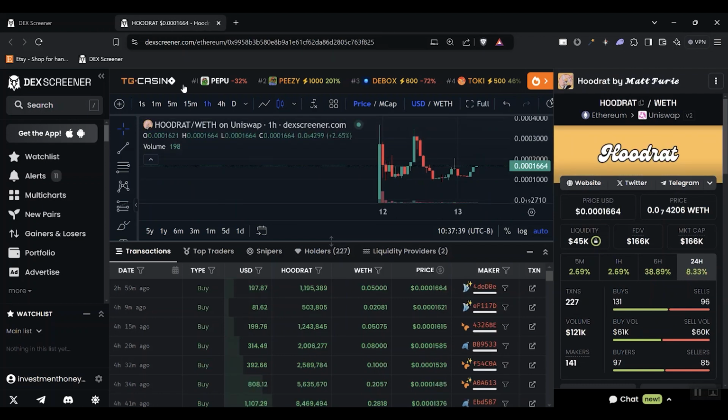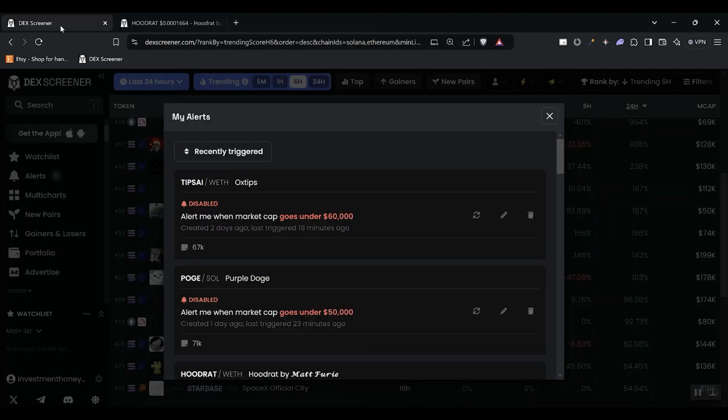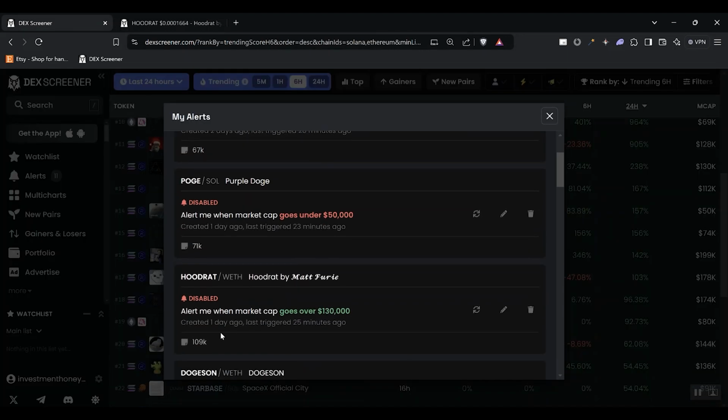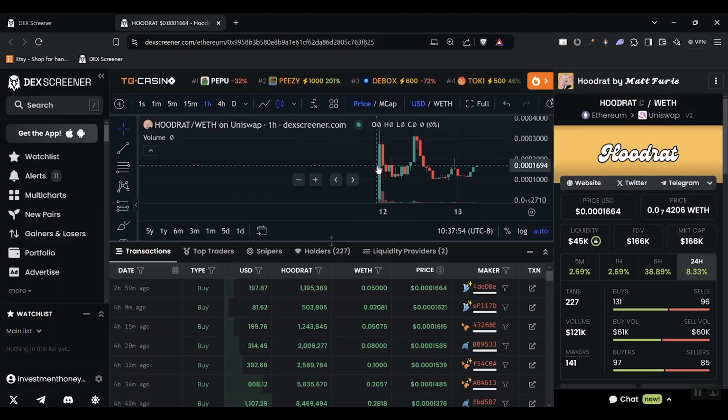And then Hood Rat. I think we set the alert for this one at like 118 maybe, or it could have been even less. Oh, okay, it was 109. So alert me when the market cap goes over 130. We set that alert at 109 according to my note here. Okay, and so here we go. They're saying that this is sitting at 166.